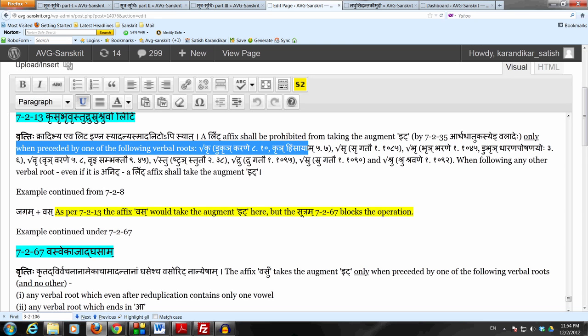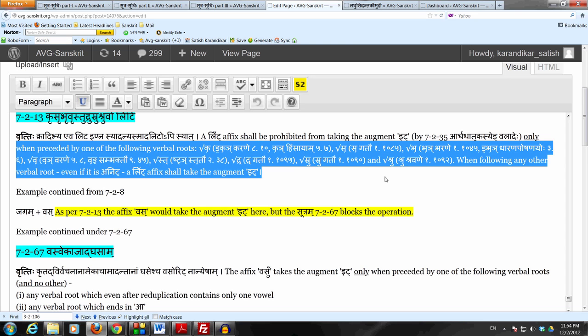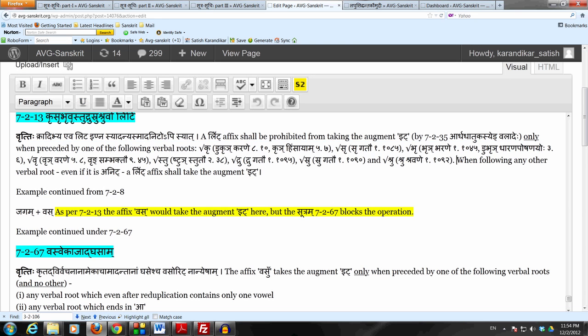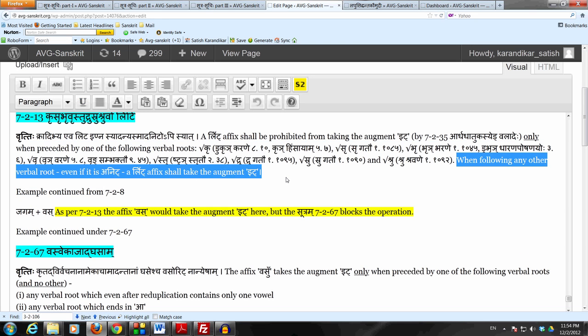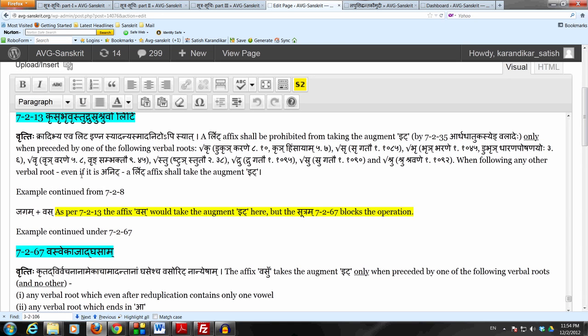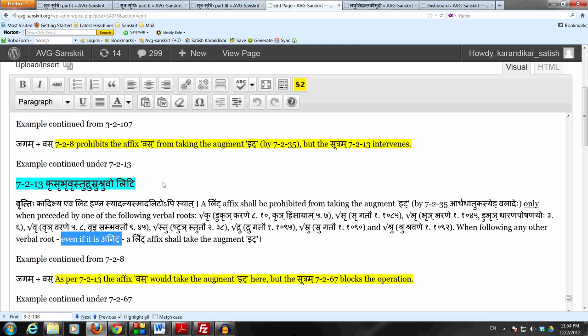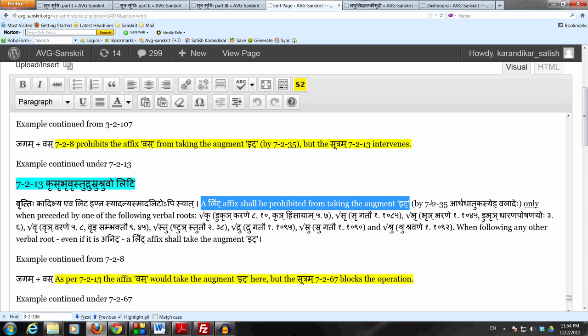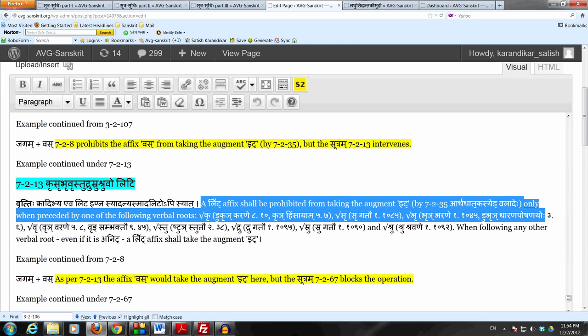But when following any other verbal root, even though the iḍāgama may be prohibited by some other rule, it doesn't matter. If we have a liṭ pratyaya, we have to come to this specific rule 7.2.13, which puts the restriction that a liṭ affix can be prohibited from taking the iḍāgama only if it follows one of these verbal roots in 7.2.13.